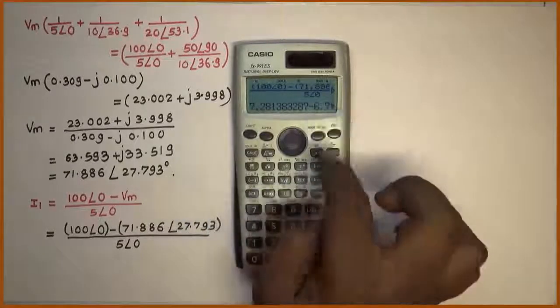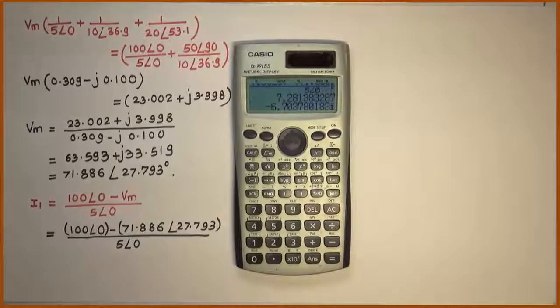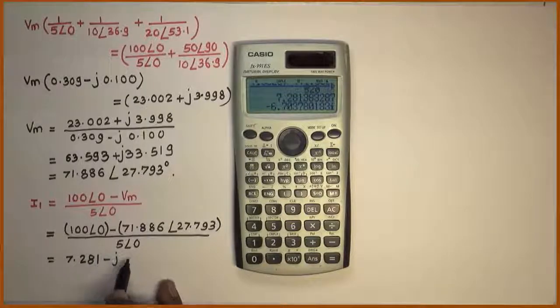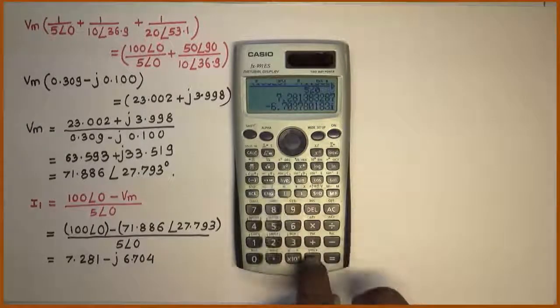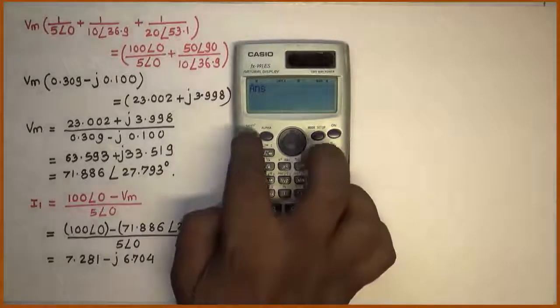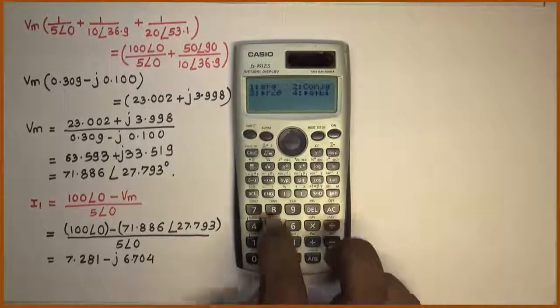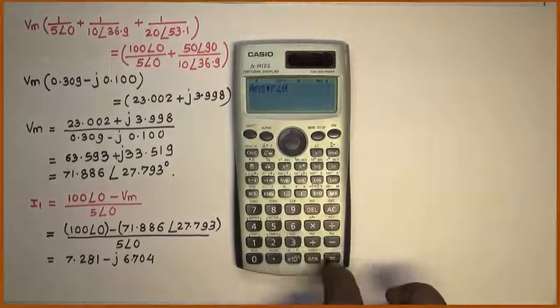I am not able to see the total answer, so I press S to D. I get the answer as 7.281 minus J 6.704. If I want to convert this into polar form, then store this in the answer position, shift complex 3 equal to.